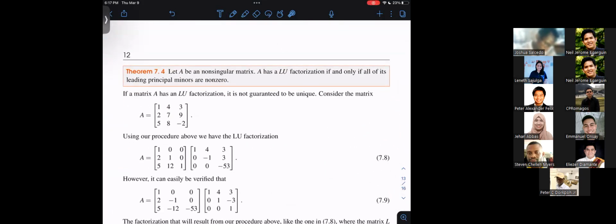Now, not all non-singular matrices, or not all invertible matrices, have LU factorizations. Actually, a non-singular matrix A will have an LU factorization if and only if all of its leading principal minors are non-zero, right? Now, what do I mean by leading principal minors?